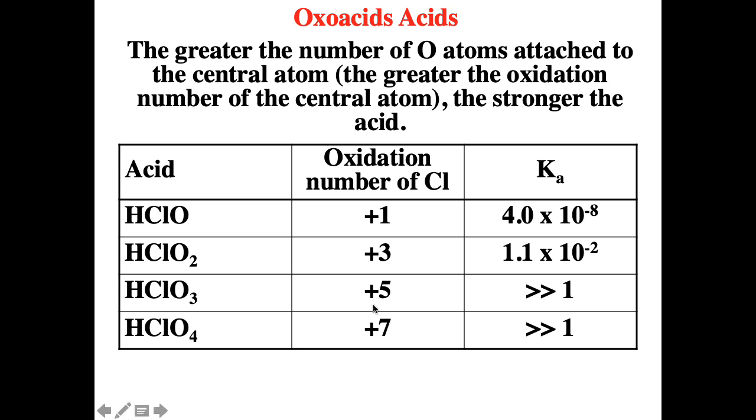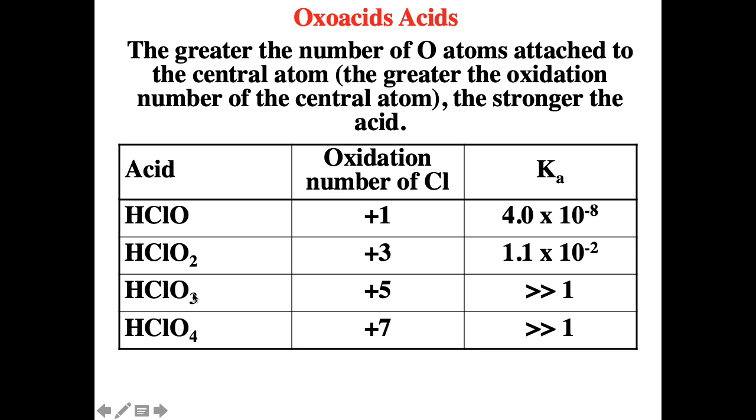And so if you have a very positive oxidation state, what's going to happen is the chlorine is going to grab electron density, weakening that OH bond. And so if you're looking at the same center atom, the more oxygen, the stronger the acid. Now, typically we don't compare when you have different center atoms and different numbers of oxygen, only when you have the same center atom and are looking at different numbers of oxygen. And so more oxygen, stronger the acid.